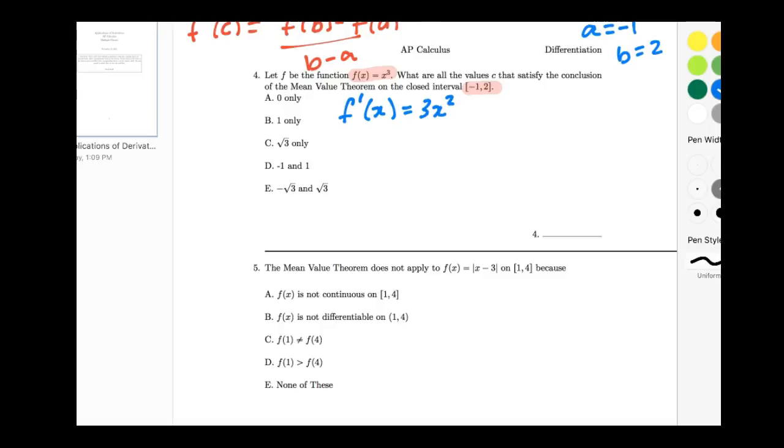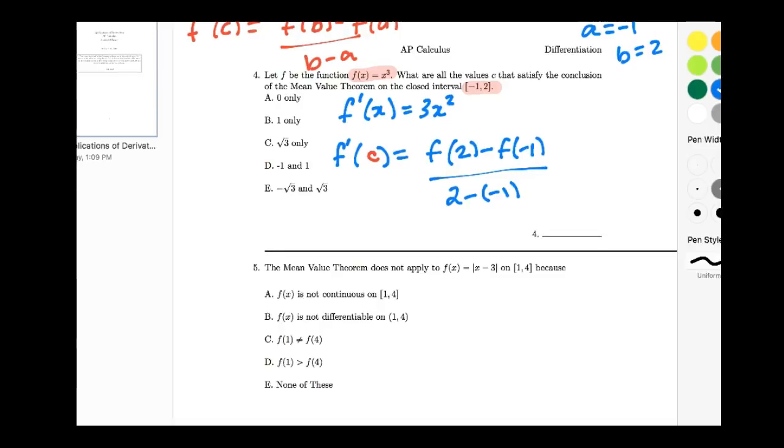Now they're saying there exists some value. It's a continuous function, it's a polynomial, it's definitely continuous, so we're okay there. There's going to be some value c that's going to give us a derivative, a slope of a tangent line, that's going to be equal to f of your b value, f of 2, minus f of -1 over 2 minus -1.